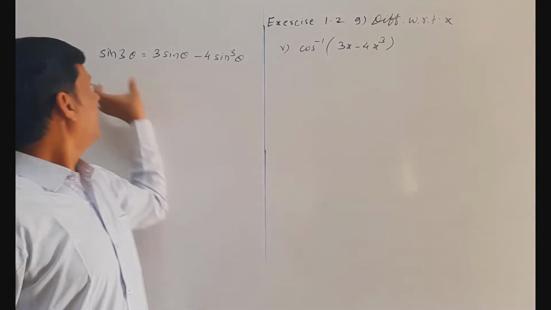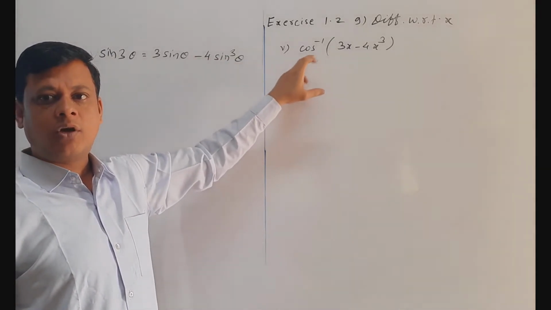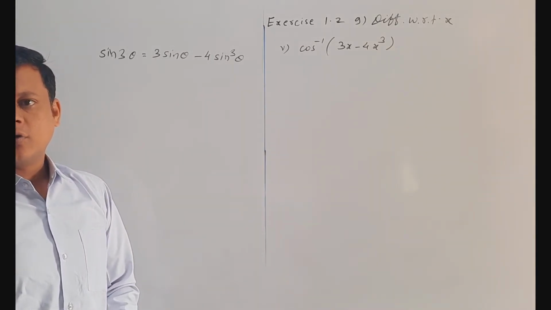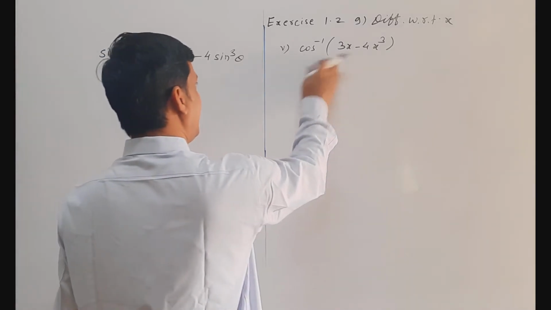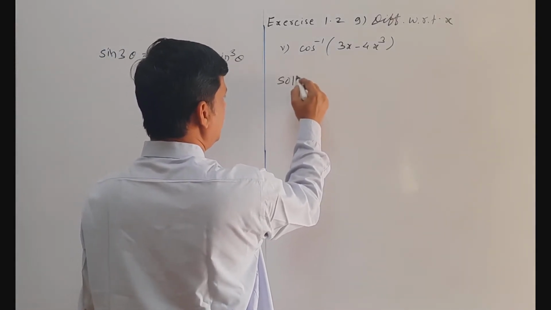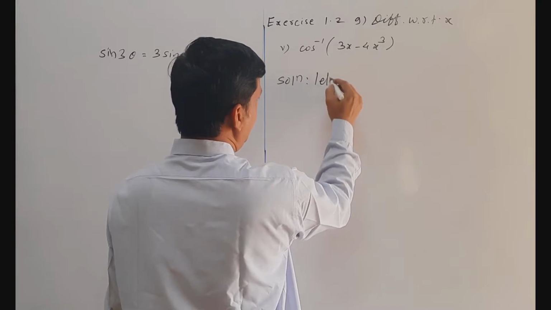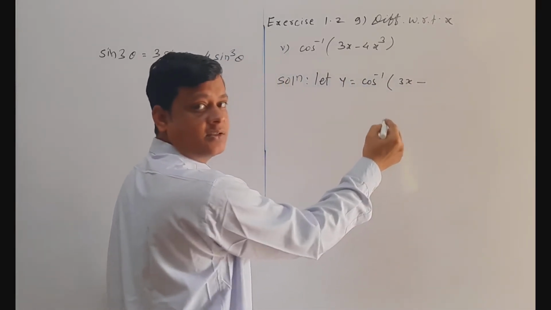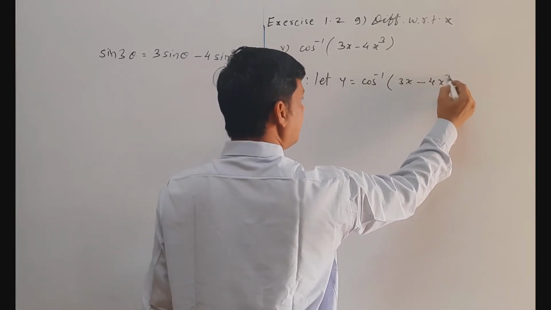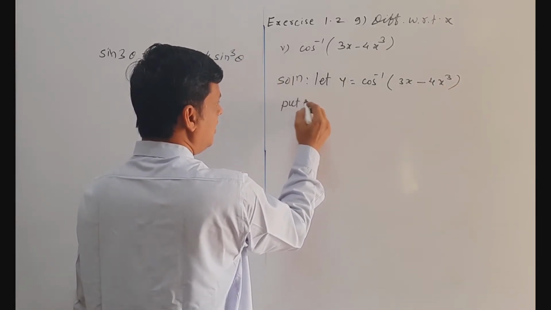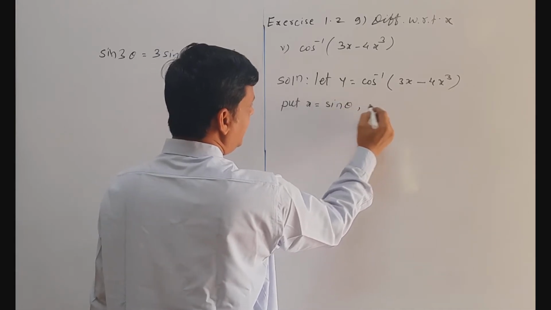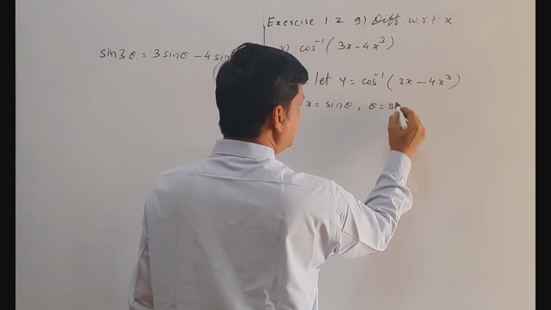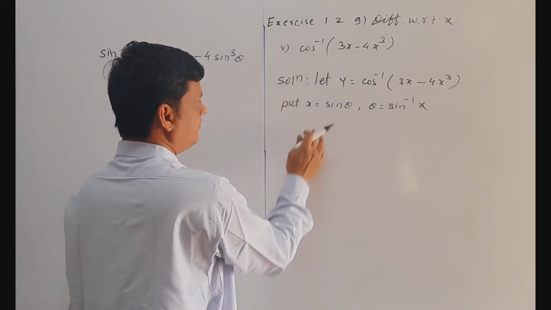Then we convert this sine in terms of cos, because cos is the outer function. So we require the bracket also in the form of cos. So in the solution we write: let y is equal to cos inverse of 3x minus 4x cube. Put x is equal to sin theta, that means theta in terms of x, so theta is equal to sin inverse of x.